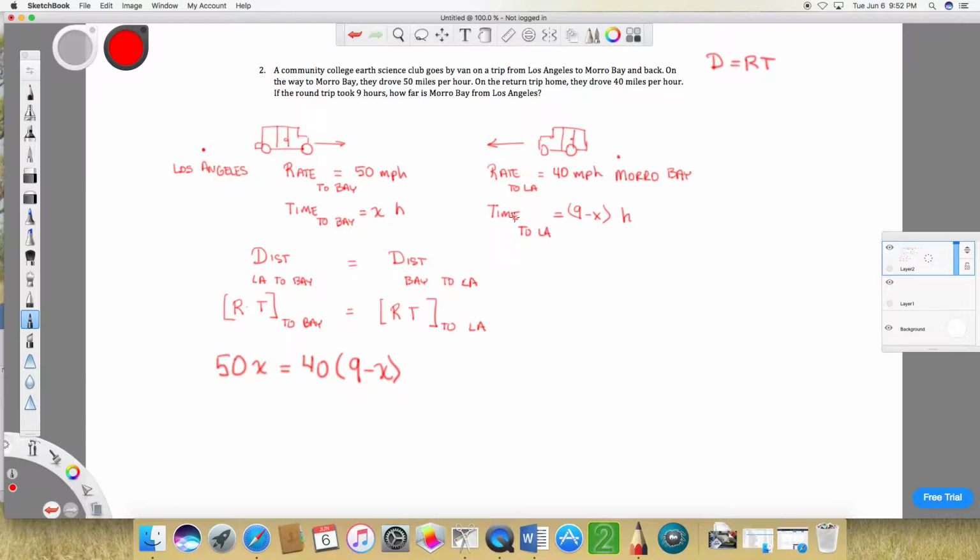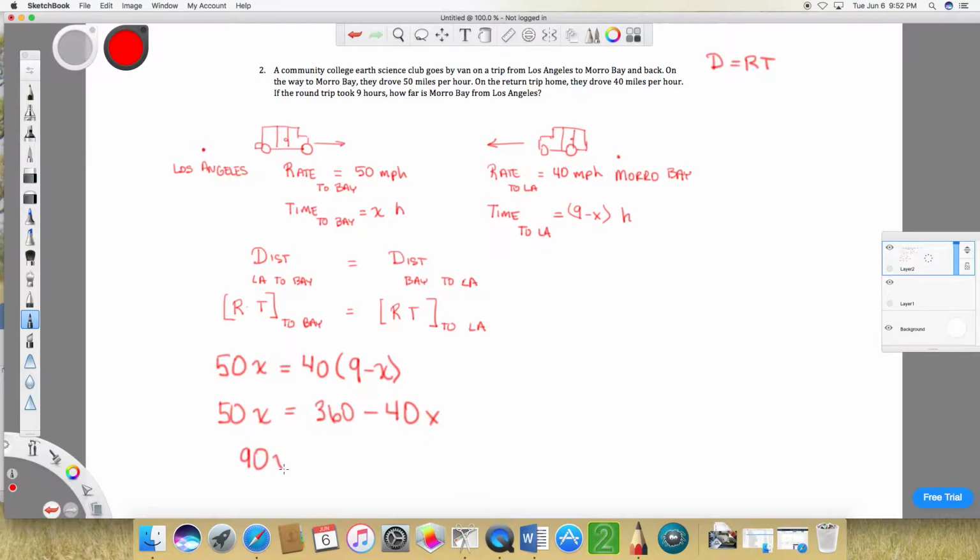So if I solve this, I'll have the length of time that it took for them to drive to the bay. So let's get that. 50x is equal to 360 minus 40x.